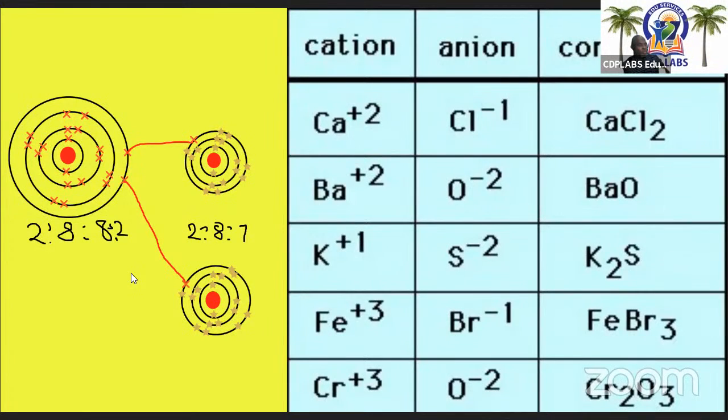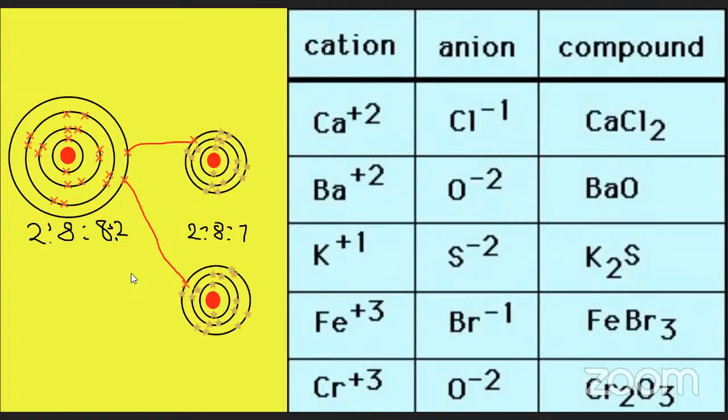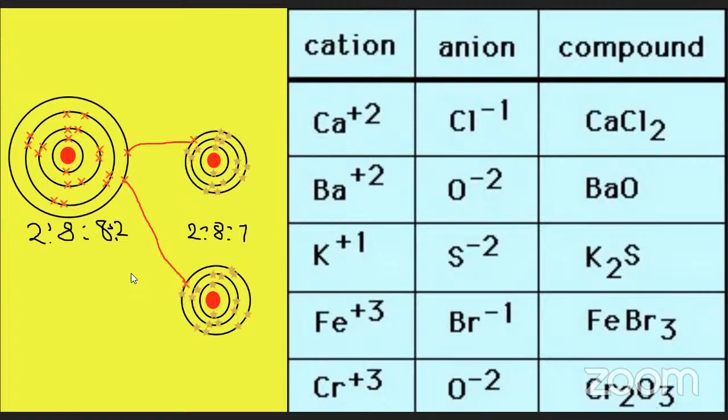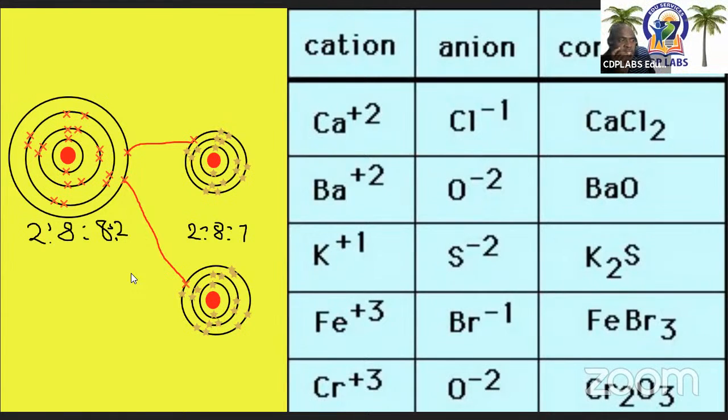Hello? Anybody heard the question? Repeat, sir. How many chlorine atoms was used to bond with the calcium atom? Calcium. How much? 2. So 2 chlorine atoms bonded with 1 calcium.